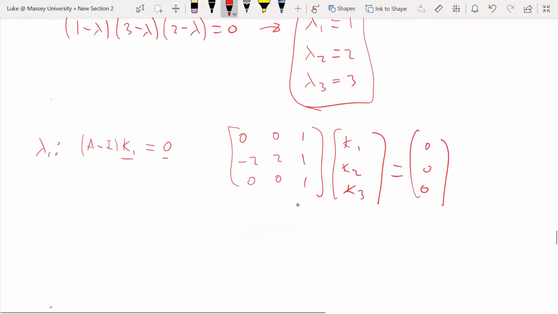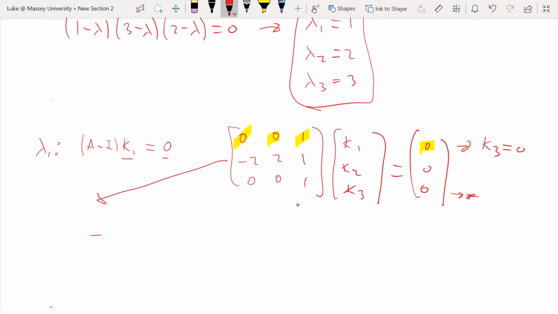Okay, so let's read what each line is telling us here. In fact, the top line and the bottom line are telling us the same thing. It says 0 times k1 plus 0 times k2 plus 1 times k3 equals 0. So this top line is telling us k3 equals 0. And in fact, so is the bottom line as well. So k3 equals 0. Okay, what about the middle line here?